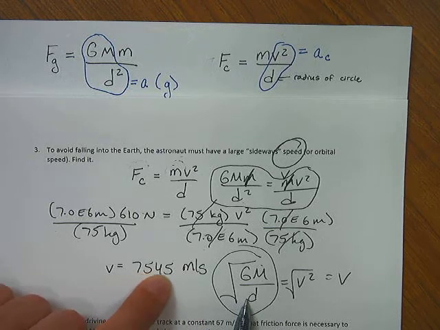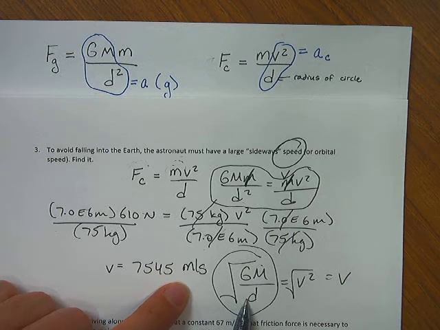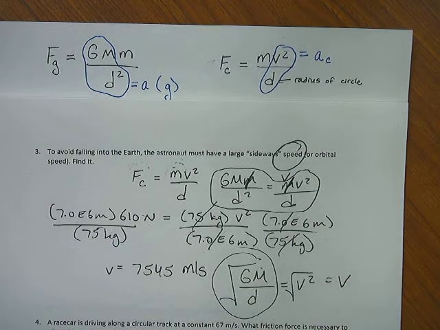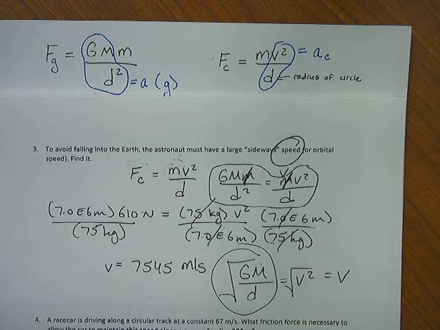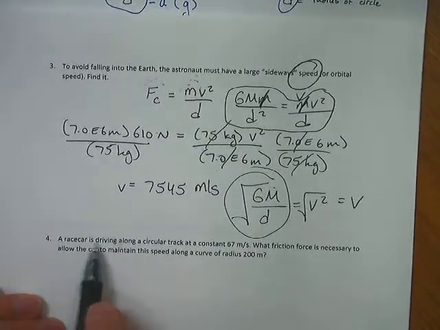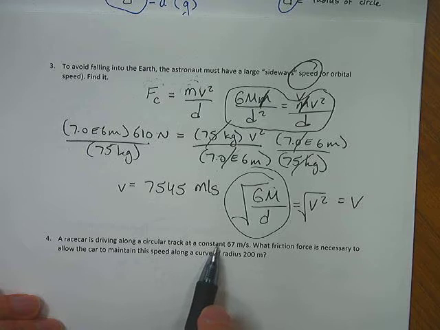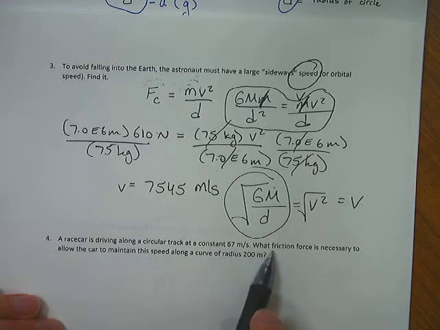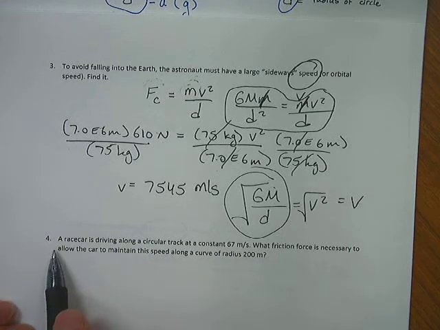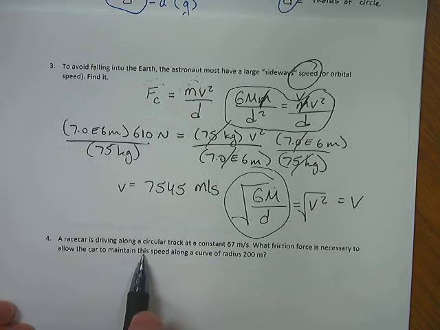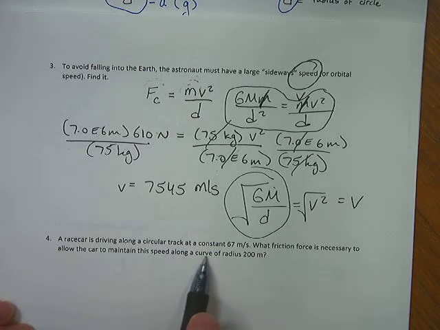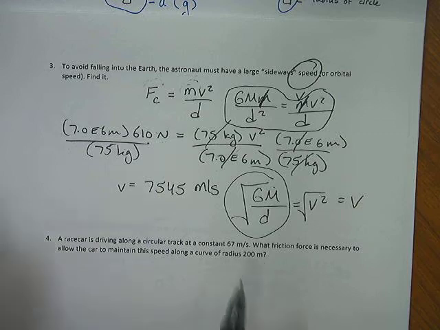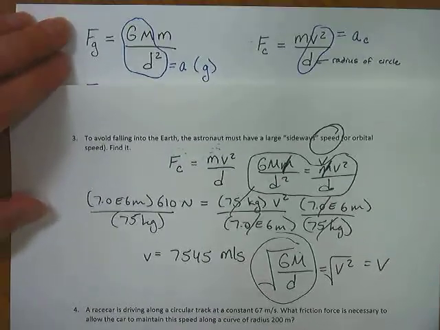Okay, another name for this is radius. This is the radius of the circular path that the astronaut is taking. This right here would get you the exact same answer as what we got earlier. 7545 meters per second. Okay.